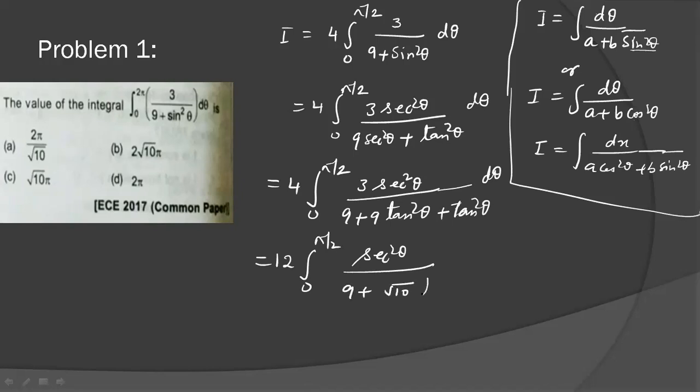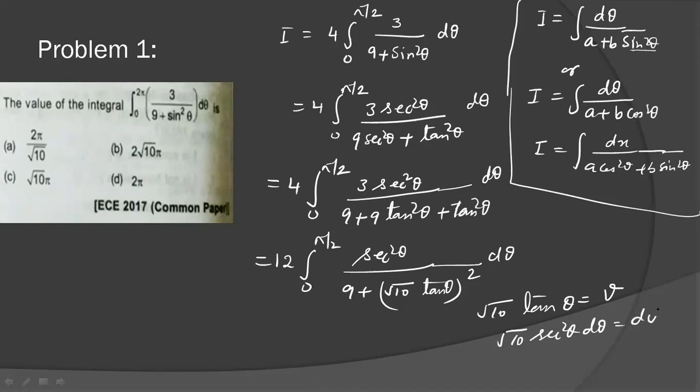We can write it as root 10 tan theta whole square d theta, and the derivative of tan theta is present in the numerator. Now suppose root 10 tan theta is some v, so root 10 sec square theta d theta will be dv. It means sec square theta d theta will be 1 by root 10 dv.